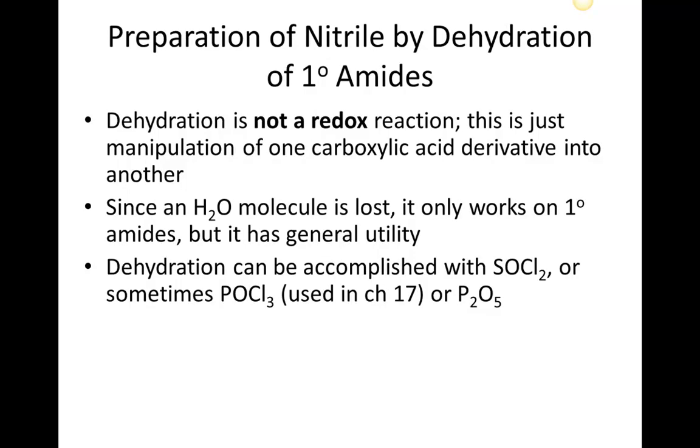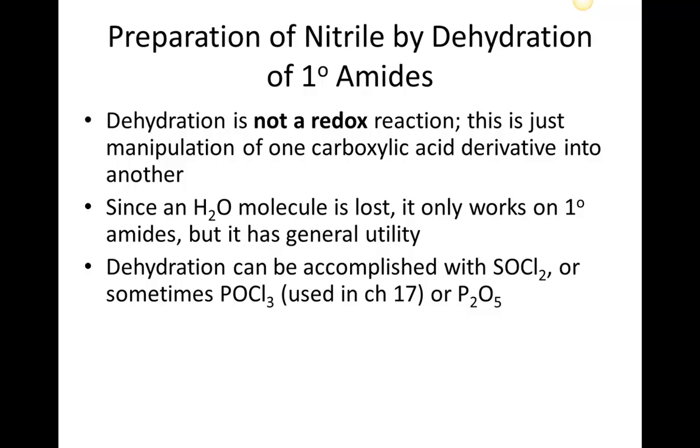So I'm going to talk about something that we have not seen before, and that is the preparation of nitriles by dehydration of a primary amide. And I said that the nitrile is a derivative of a carboxylic acid, and one of the things that you'll start hearing a lot in the context of chapter 21 is we're interested in, can we make carboxylic acid derivatives directly from carboxylic acids?